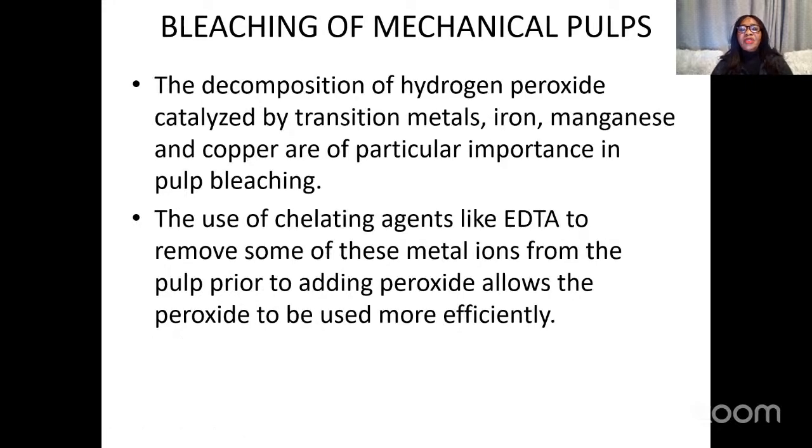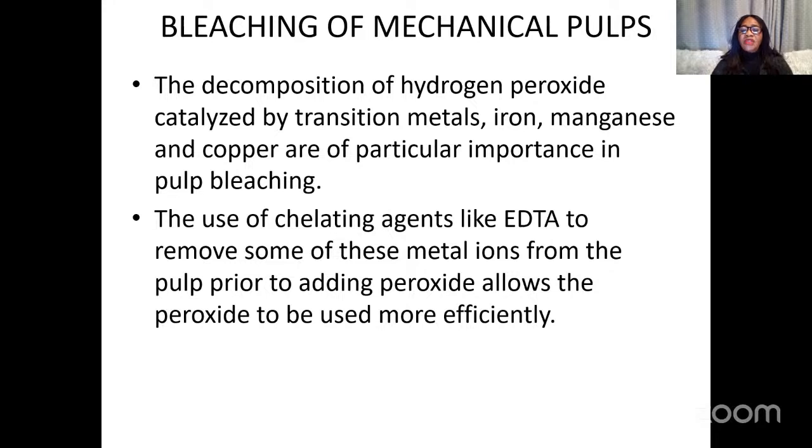The decomposition of hydrogen peroxide catalyzed by transition metals like iron, manganese, and copper is of great importance. And so it is important to make sure the metals are removed.